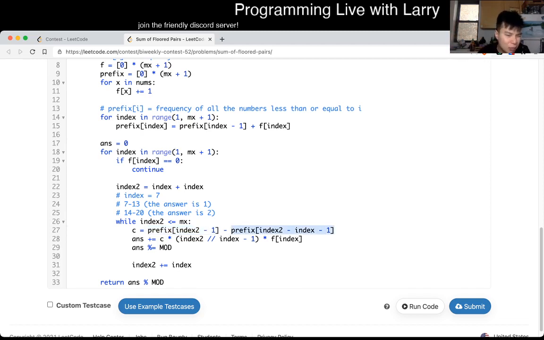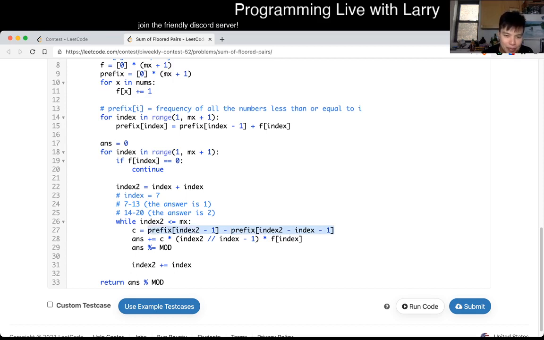If you're having problems understanding that part, I recommend easier prefix sum or prefix count problems. As we said, this is the frequency of all the numbers less than or equal to 13, and you subtract out all the 6s, so what remains will be 7 to 13.